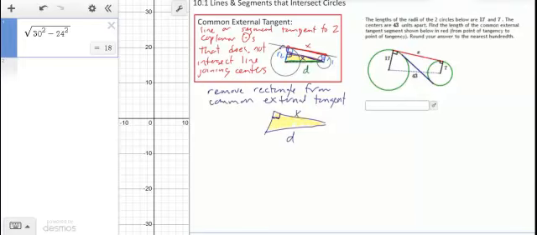The x value is opposite the x here. And what you're left with in this portion right here is the whole measure of r2 minus this upper portion, which was r1. So that last little remaining leg is going to be the difference of the radii as the leg of that right triangle. Okay? And then you can use the Pythagorean theorem and solve for whatever piece they're asking you to solve for.